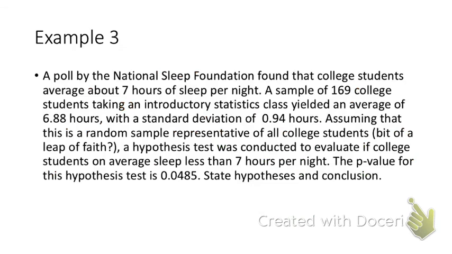Okay, so here's a whole problem. I just want to write the hypotheses; it gives me the p-value, and then I'm going to write the conclusion. Go ahead and take a second to read it. It's talking about college students averaging 7 hours of sleep per night. Do we use the sample? We don't ever use the sample for our hypotheses.